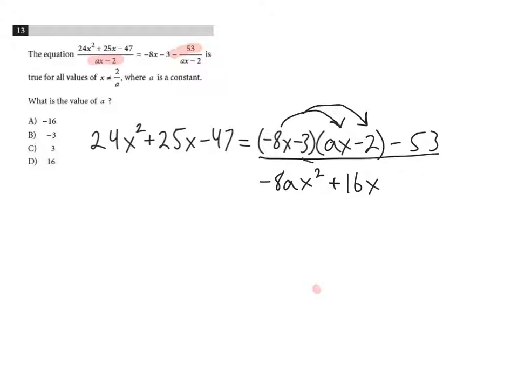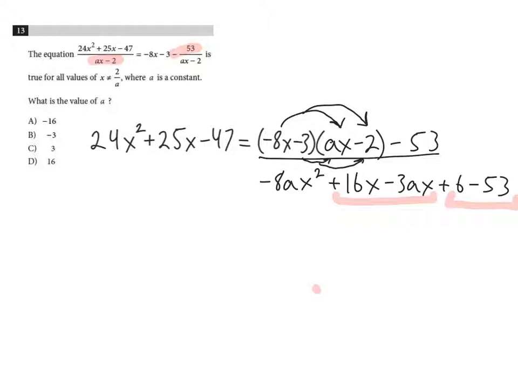Then I'm going to have negative 3 times ax, so minus 3ax. And then I'm going to have plus 6, and then minus 53. Okay, I'm going to combine like terms, but since I need to have an x term, I'm going to group these together and factor out that x, so that I have a coefficient on the x, and just one x. And then I'm going to combine these two as well.